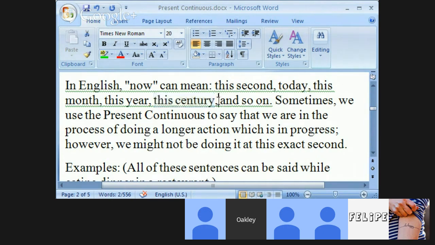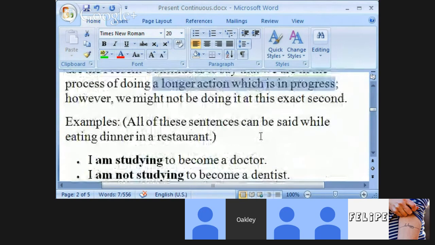Well, this has been going on for a century or two now. Is causing. I'm talking about now in a much broader sense. Duration, a longer action which is in progress now. We may or may not be doing it at this exact second.